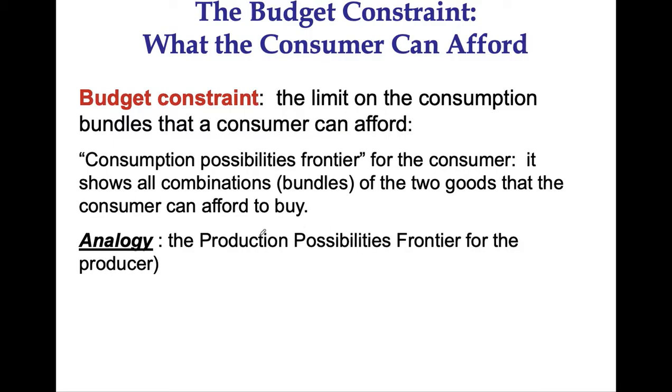So this consumption possibility frontier reminds us of the production possibility frontier we have seen before. You remember the production possibility frontier represents all possible production combinations that a firm can produce given its resources of inputs.